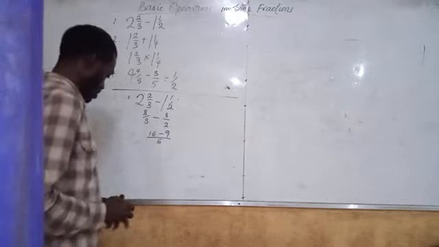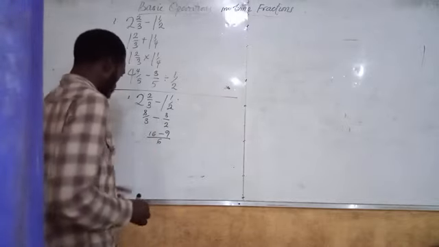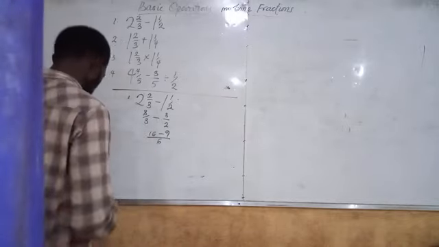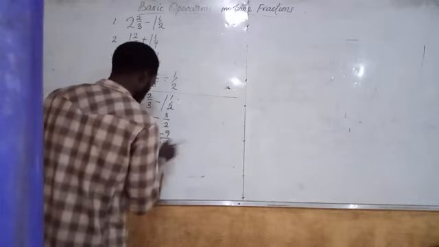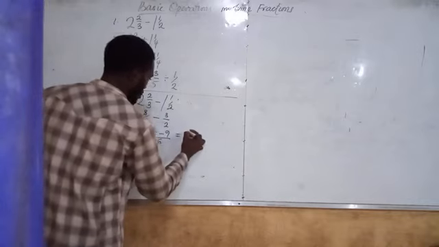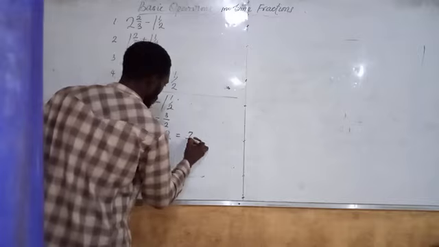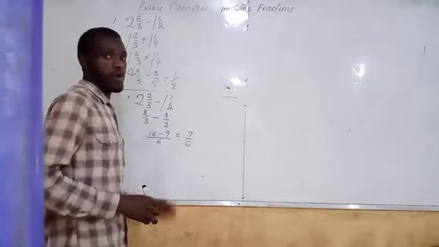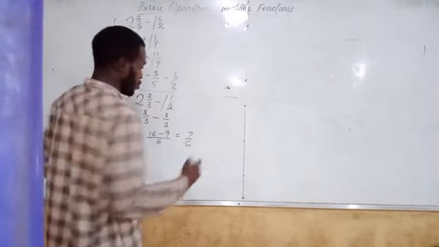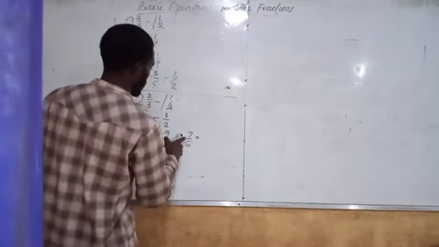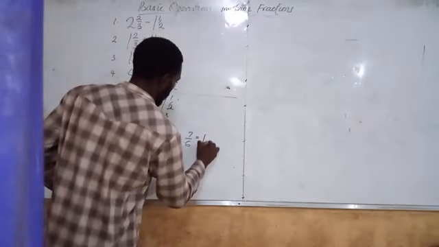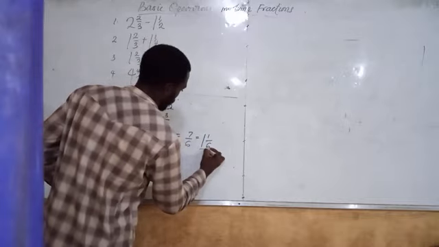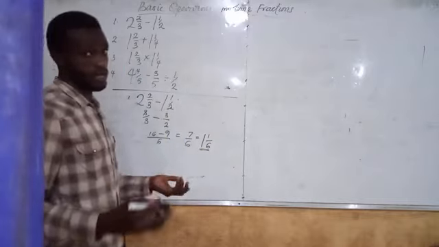Then we subtract the numerators: 9 from 16 we have 7 over 6. This being an improper fraction, we convert back into a mixed fraction. 6 in 7 we have 1, remainder 1 over 6, and that is our answer.